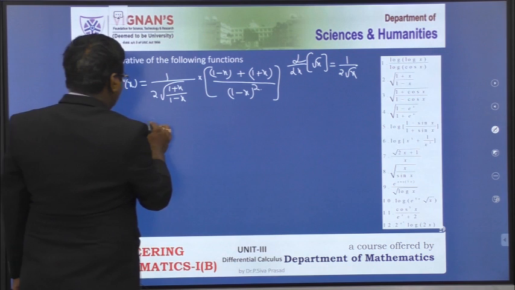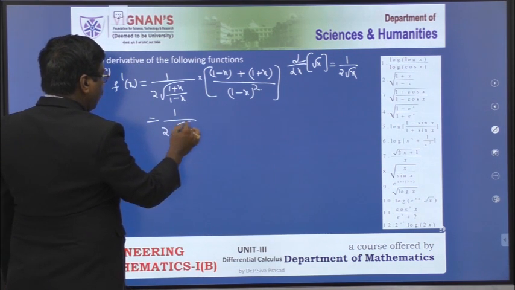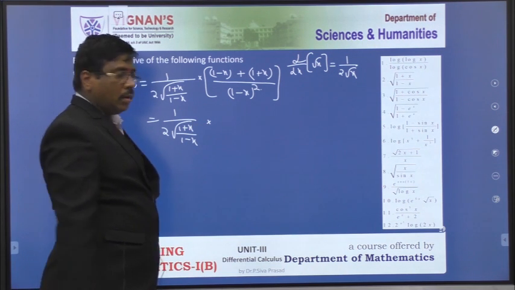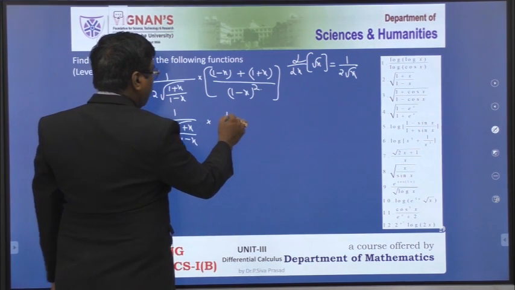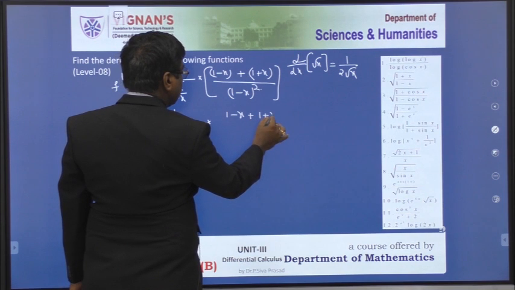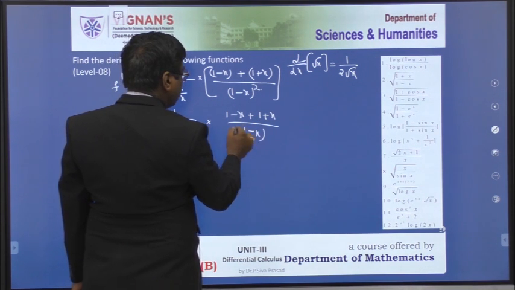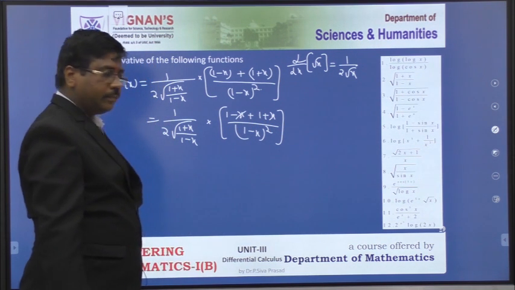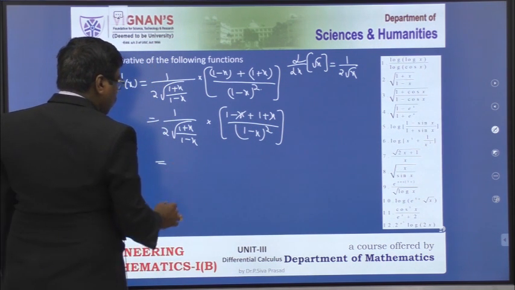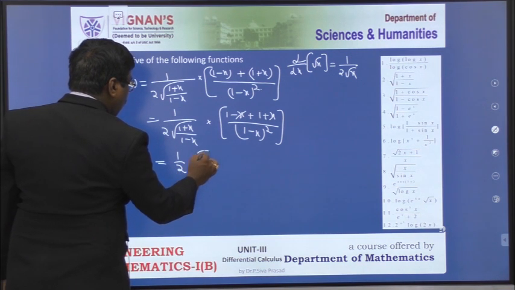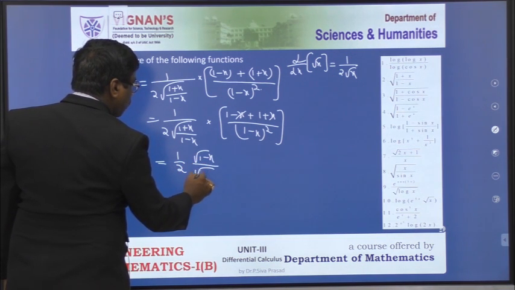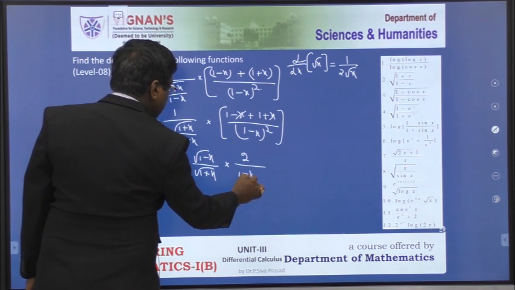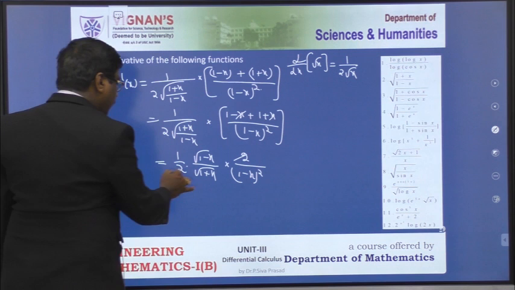Then this is equal to 1 by 2 root of (1 plus x) by (1 minus x) into (1 minus x plus 1 plus x) by (1 minus x) whole square. Here plus x minus x both are cancelled. Then this can be written as 1 by 2 into root of (1 minus x) by root (1 plus x) into 2 by (1 minus x) whole square. Here 2 is cancelled.